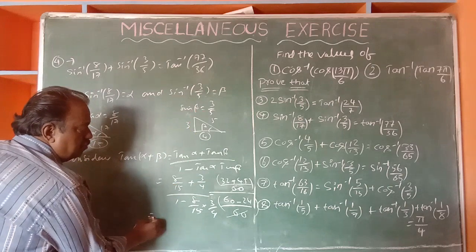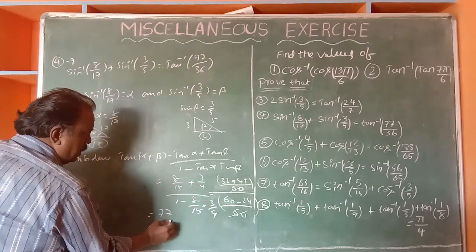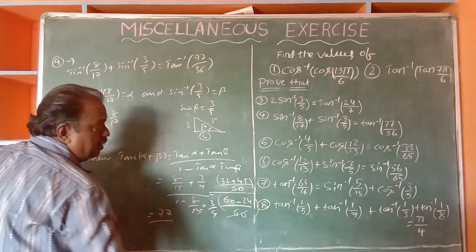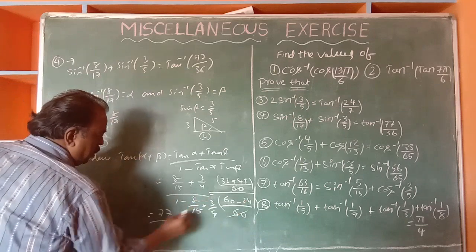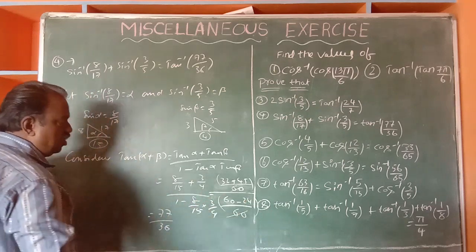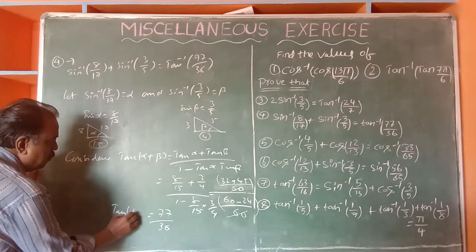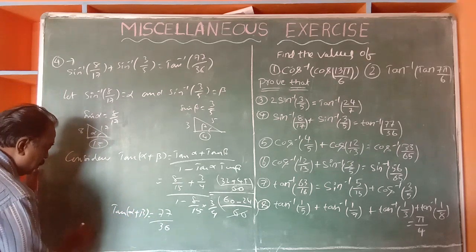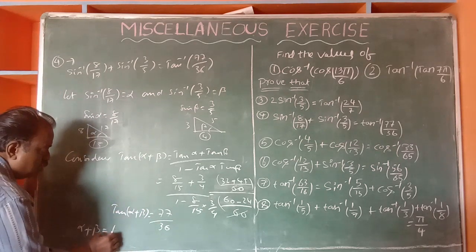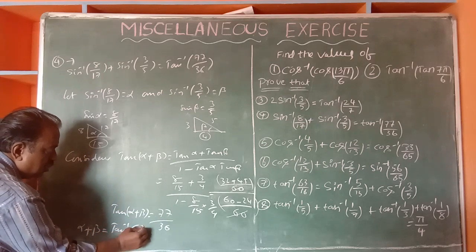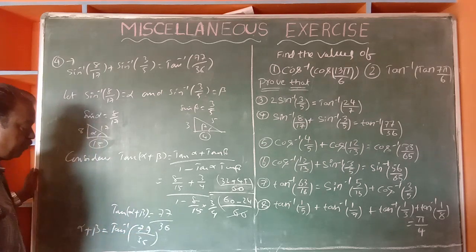So this is nothing but 32 plus 45 is 77 by 60 minus 24, which is how much? 60 minus 24 is 36. Okay now, so this is tan of alpha plus beta. So alpha plus beta is tan inverse 77 by 36.